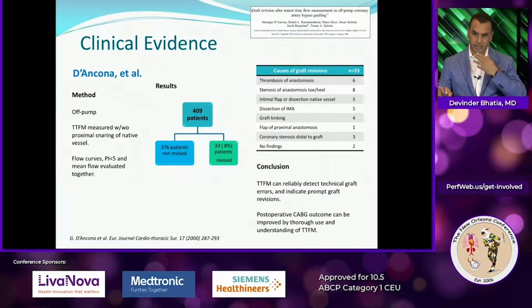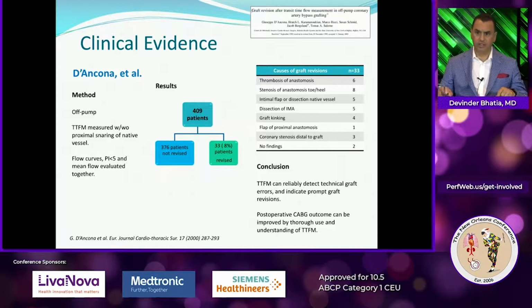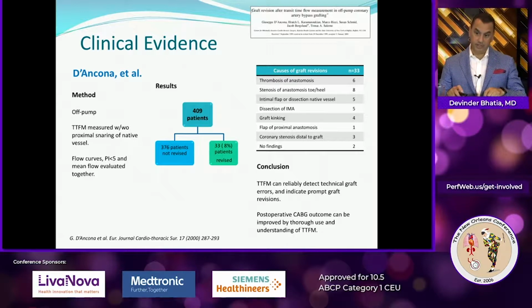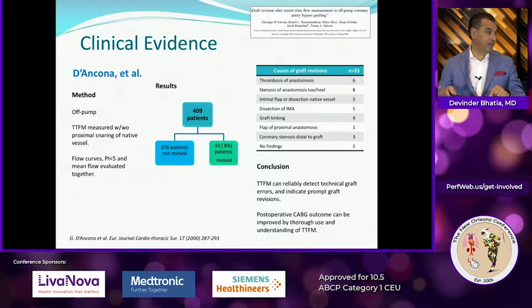A couple of studies: D'Ancona did 409 patients, the method off pump surgery. 376 patients had no revision, but 33 patients had a revision. That's an 8% revision rate using transit time flow measurement.